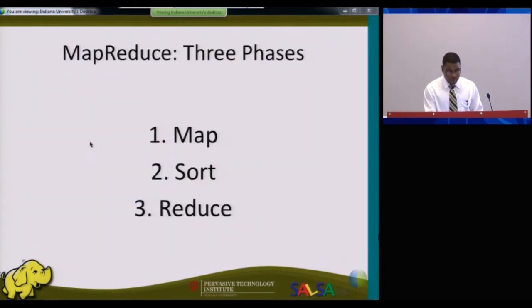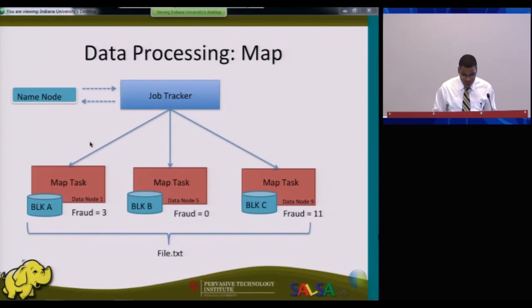So there are 3 phases here: the map, sort, and reduce phases. Here I have my map task. Here the goal is to process the data. Each map has a block of data, and I want to be able to process that.